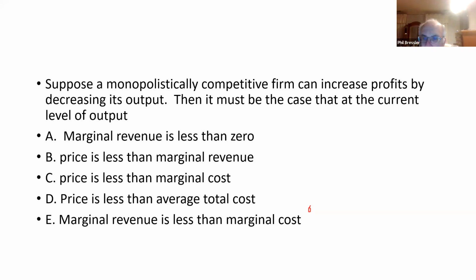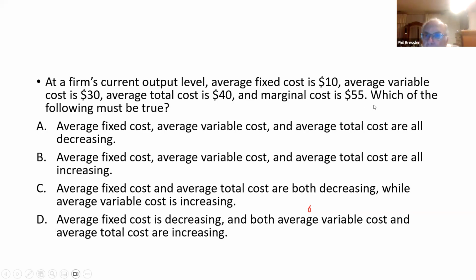In the product market, in the labor market, it'd be marginal revenue product and wage. Are you both good now before I turn to the next question? Okay. All right.